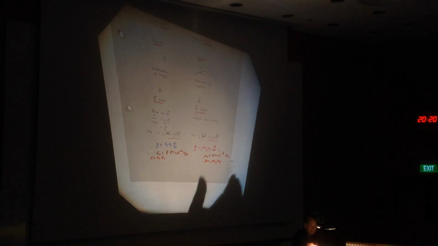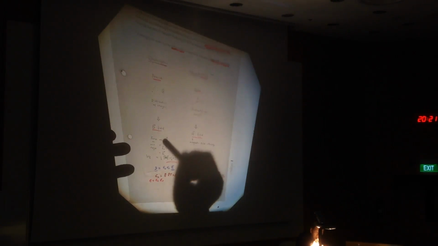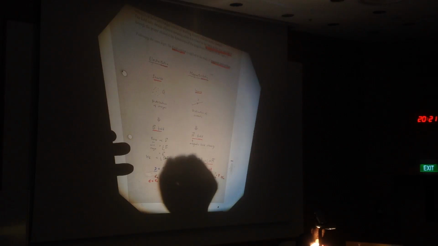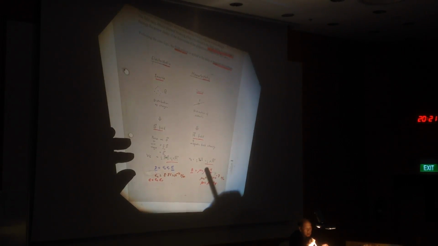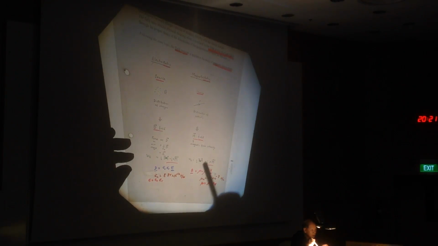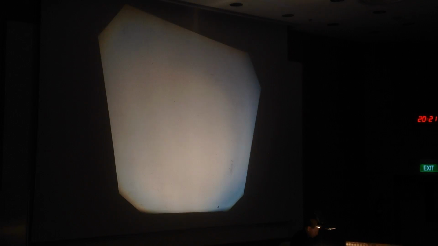Notice the similarity between them, the analogy: D equals epsilon E, B equals mu naught times H. You can see the analogy between them. For DC, for electrostatic, for static fields, E and H are not connected.